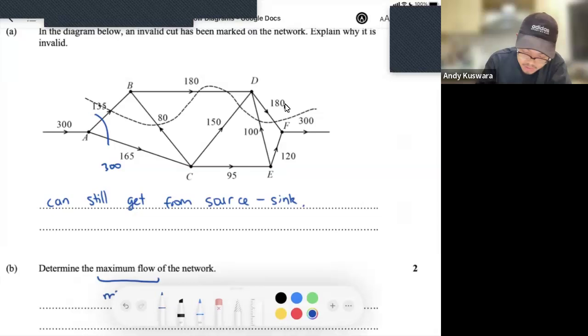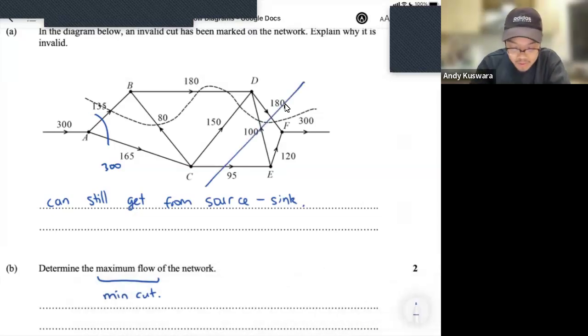My hypothesis is, as you can see here, if I cut this 95 and I cut the 180, it completely separates source from sink. Because these have arrows, once it goes through the 150, there's no way for me to access it through that 100. So technically, I don't have to cut that 100. So looking here, there's 80, 180 and 95.